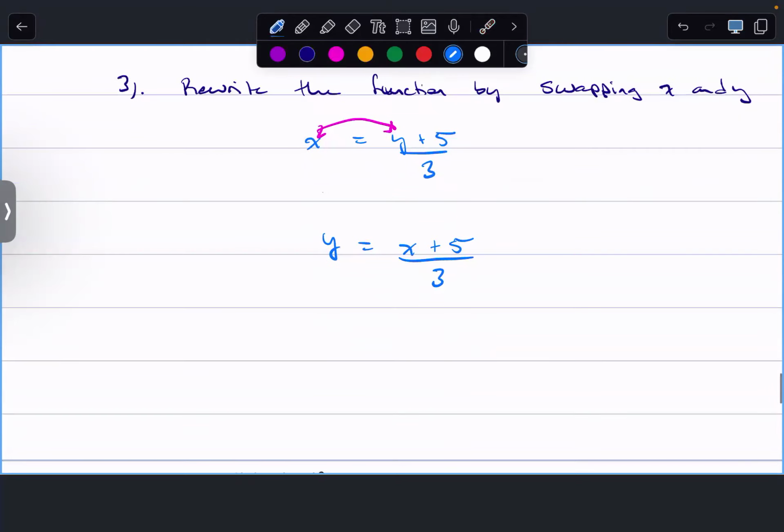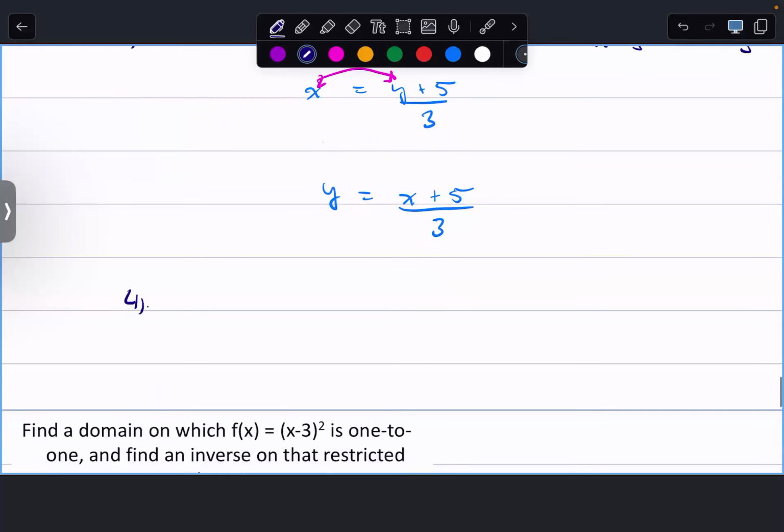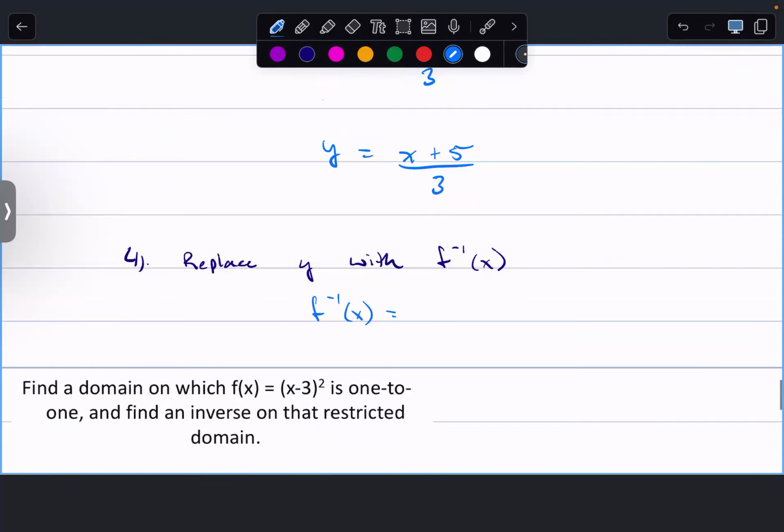And so then the fourth step is replace y with f inverse of x. And because I am running out of space here, f inverse of x is x plus 5 divided by 3. I'm gonna add another page here.